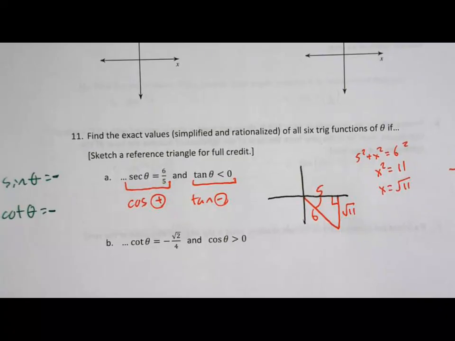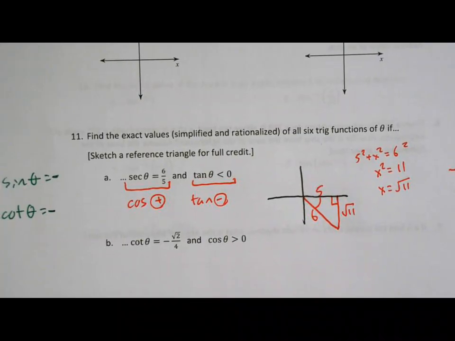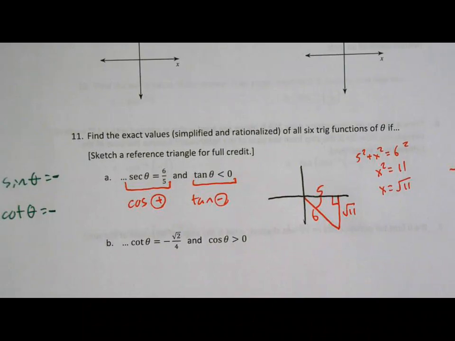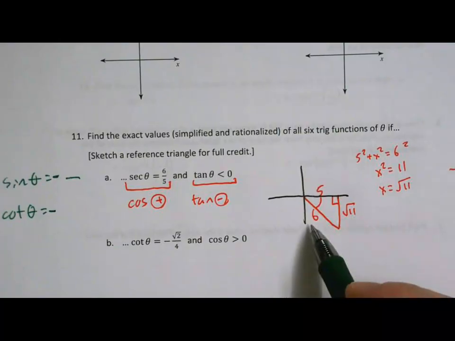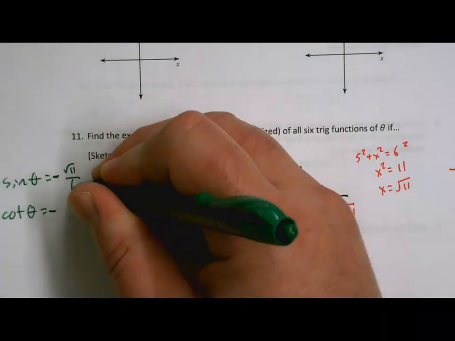Every year I get somebody who will do this entire test and they will give me only positive answers. So they forget that sometimes these things can be negative. So train yourself to think about whether your answer is positive or negative before you start looking at the numbers, so you don't forget to do that. All right, sine is opposite over hypotenuse, so that'd be root 11 over 6.